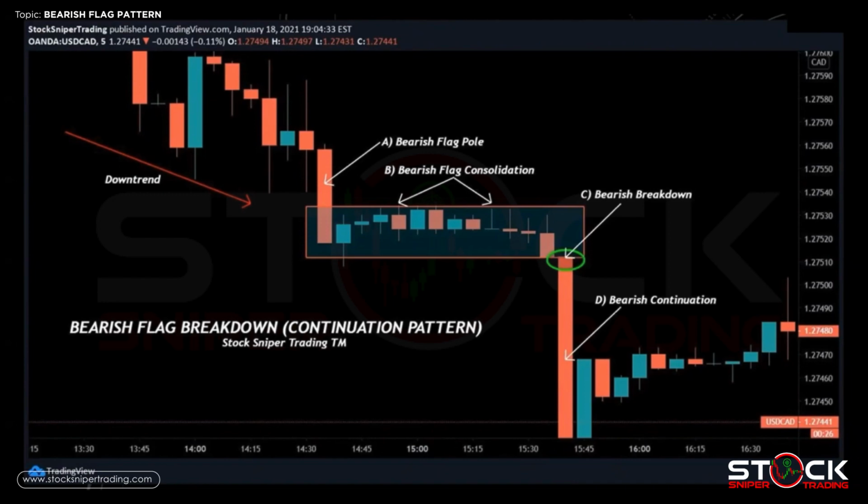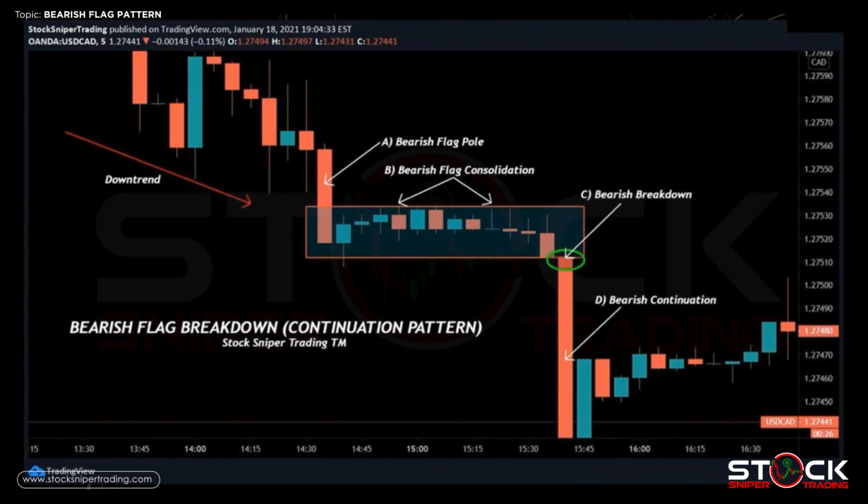As price action consolidates here, as the selling volume decreases, we have price action trading sideways. Now we are looking for C, our bearish breakdown, which continues our downward momentum.